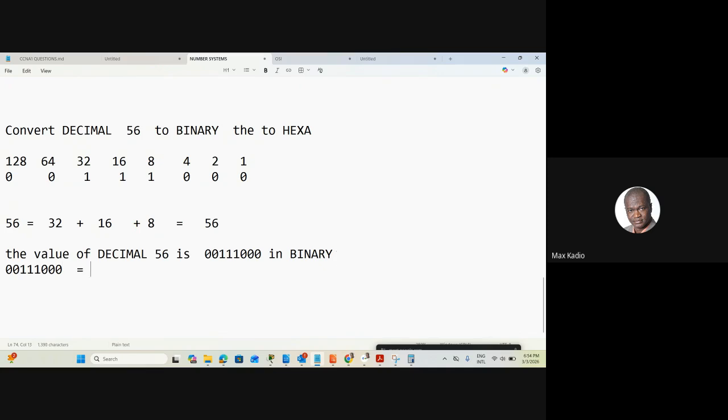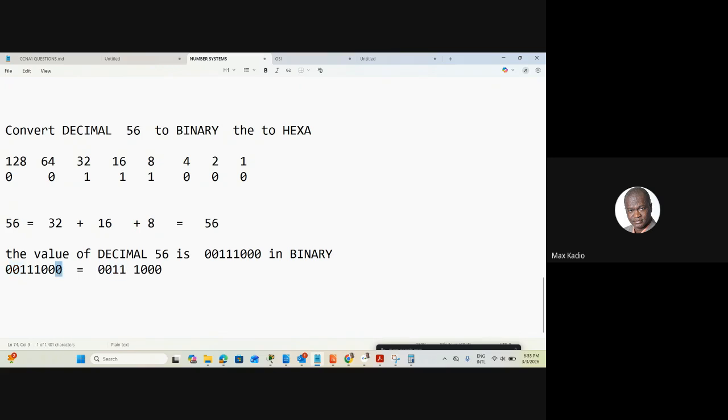Now you're going to divide in two: 1, 2, 3, 4, so it should be 4, 4. Then you separate. You copy, you put it here, then you separate in two. This is the value.